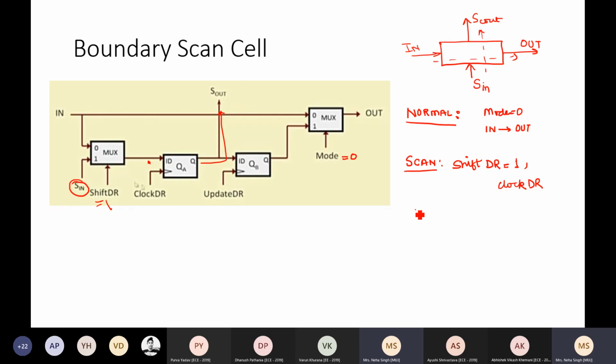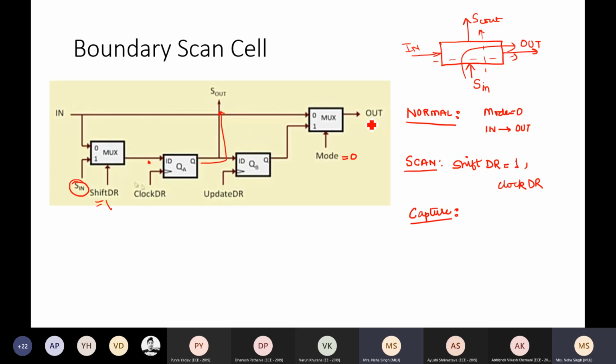Right? Now the third mode is called capture mode, where the other flip-flop comes into the picture. Sometimes it is required to move this SIN data towards output here. In this case, I need to capture this data into another flip-flop so that if any change happens here in scan data or in the data, that does not affect my output, which needs to be pushed towards output, right?